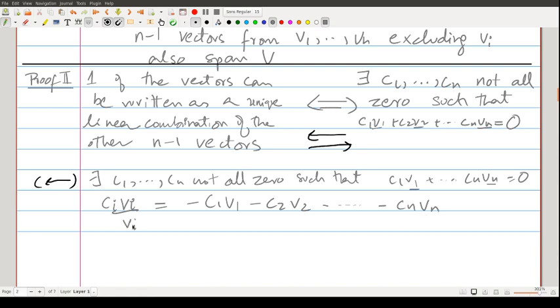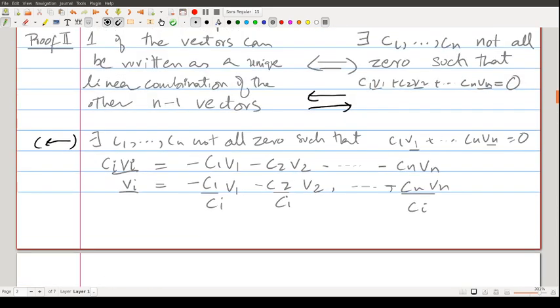And so notice that vi can be written as minus c1 over ci v1 minus c2 over ci v2 dot dot dot minus cn over ci vn. And so since this exists, we can write vi as a linear combination of these other vectors. Okay? And so that's the proof of the first direction.